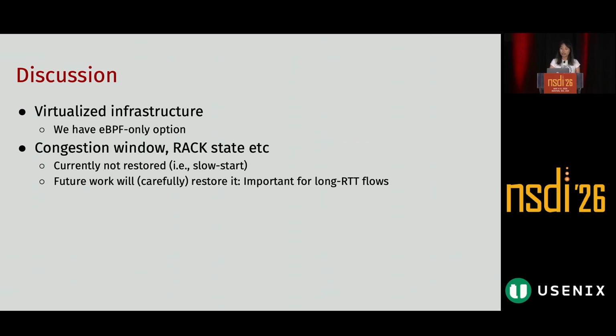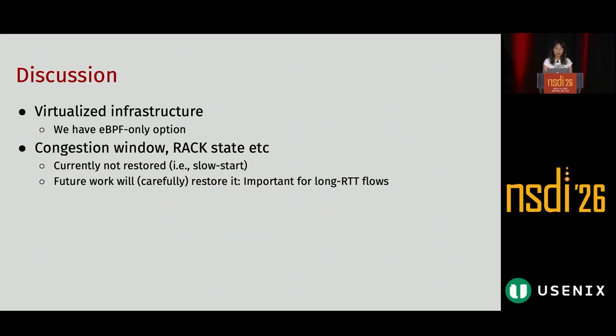In our current implementation, we are not migrating congestion control parameters like window size and measured RTTs, simply because the Linux kernel doesn't expose those parameters for serializing TCP state.